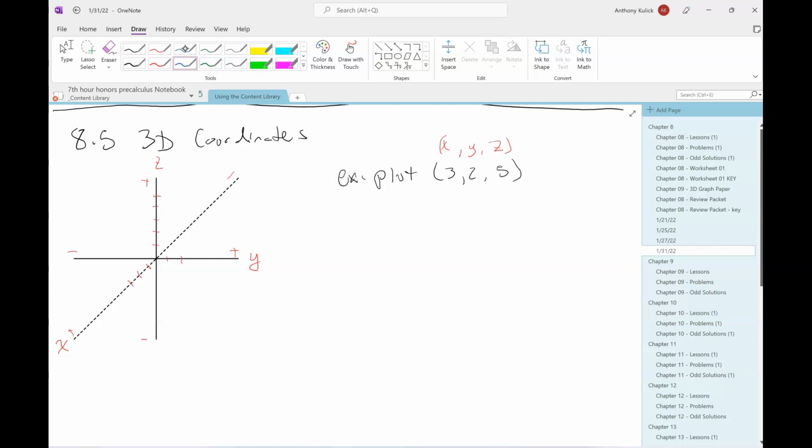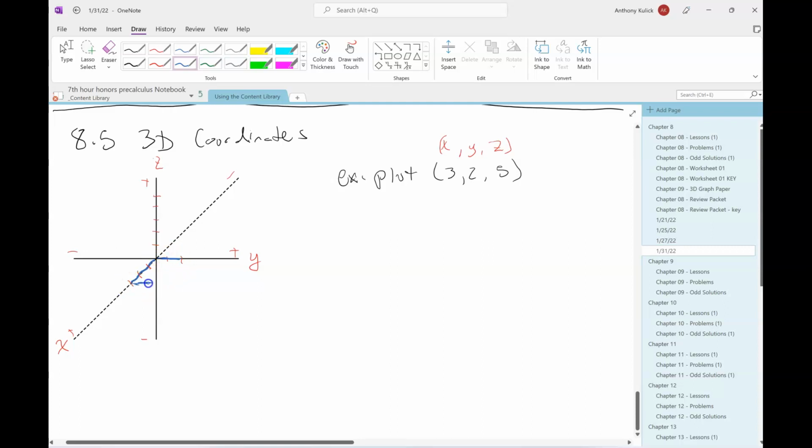So to plot this point, what I'm essentially going to do now is build a box. I'm going to start by building the base of the box, and I'm going to use this side of the x-axis as one side of my box. This side of the y-axis is another.